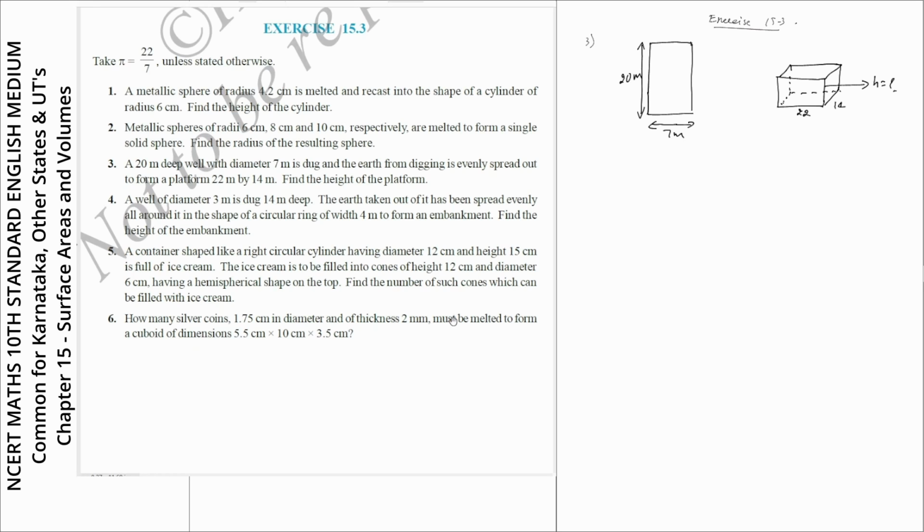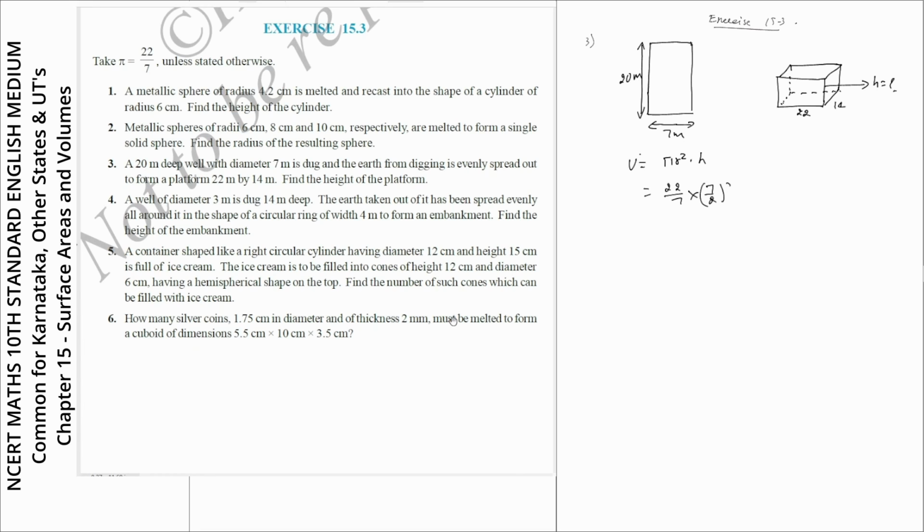Now what is the volume of the cylinder? Volume of the cylinder is given by pi r squared into h, where pi is 22 by 7, and r is half of the diameter, that is 7 by 2.